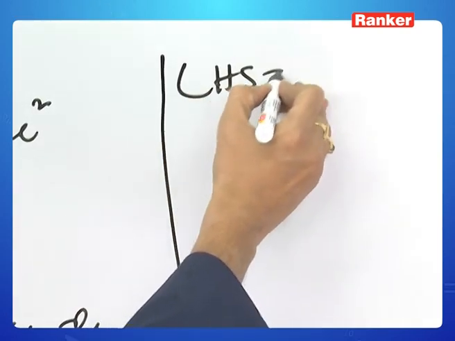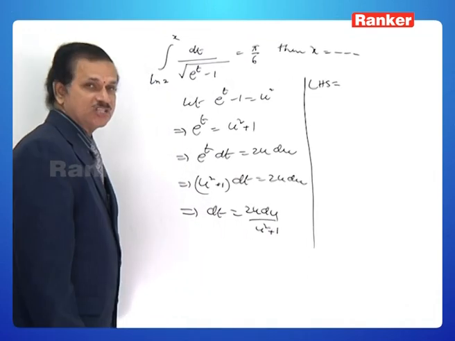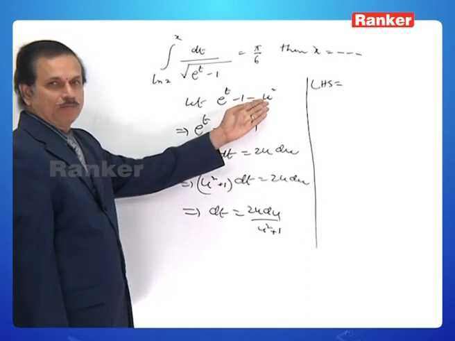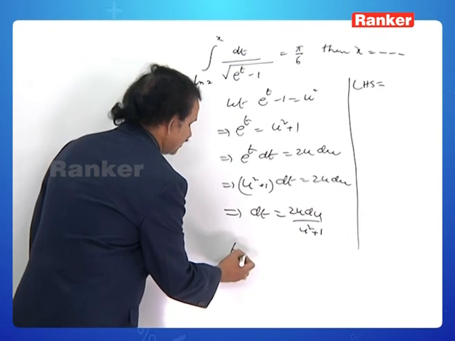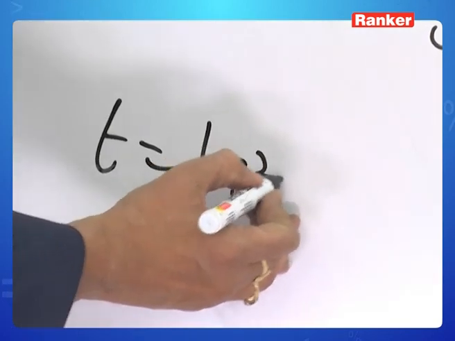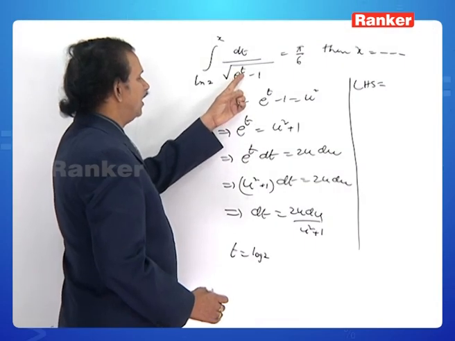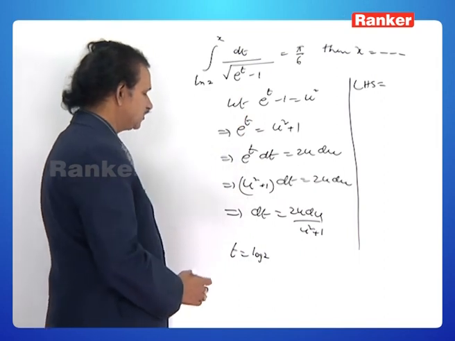LHS is equal to this integral. Now let us change the limits also. You have introduced a new variable u, of course. If t is equal to log 2 to the base e, what is e power t?